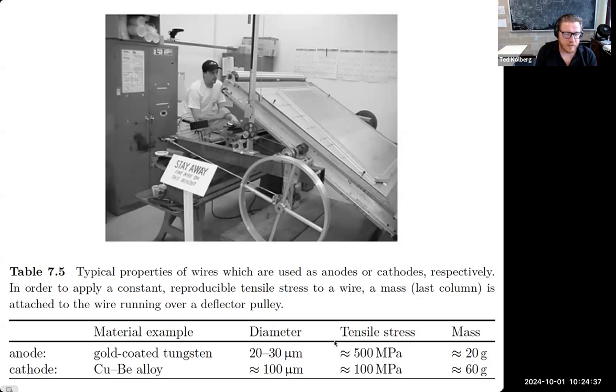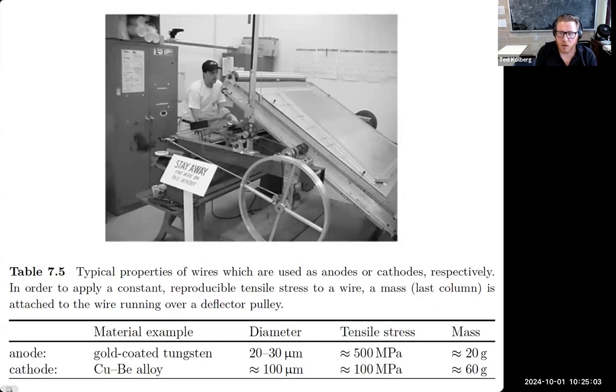Depending on the material that's used, they might be tens of microns, and therefore the mass which is attached to the wire in order to apply the appropriate tensile stress is actually quite small, given the fact that this wire is so thin. We might only need a weight in the realm of 20, 50, 60 grams.